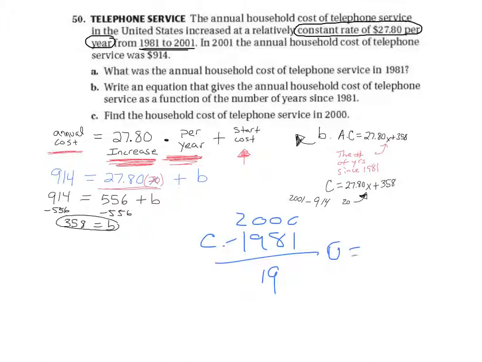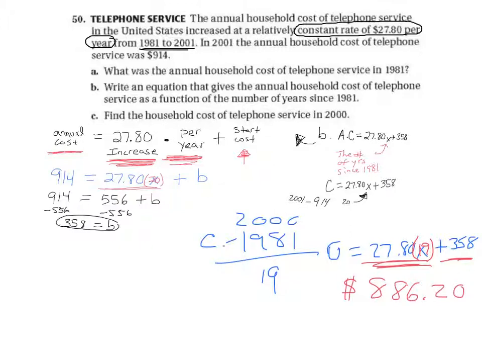Our cost is equal to $27.80 times the number of years since 1981, and you add 358. So it looks like you're just substituting in a 19 here for x, multiply the 27.80 times 19, and add that to 358. And it looks like the answer, according to my calculations, is this number here, and that's your cost. Hopefully that makes sense.